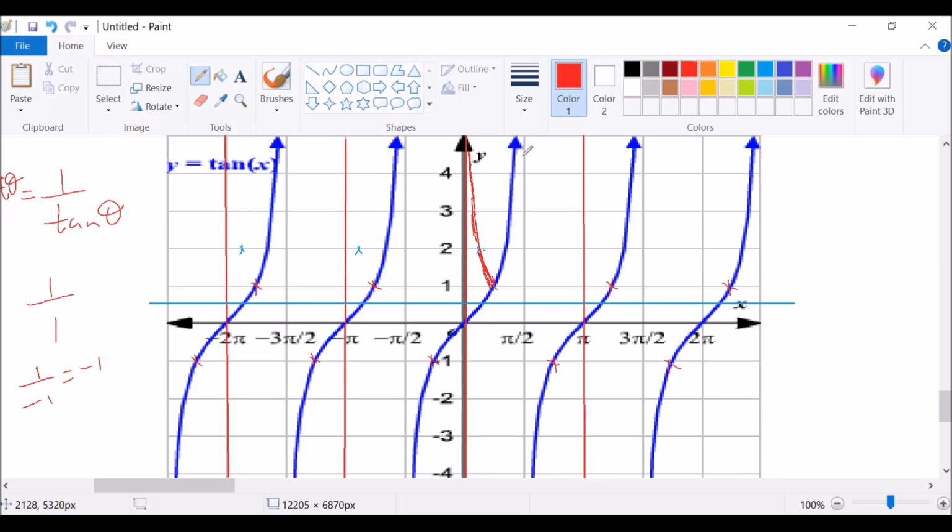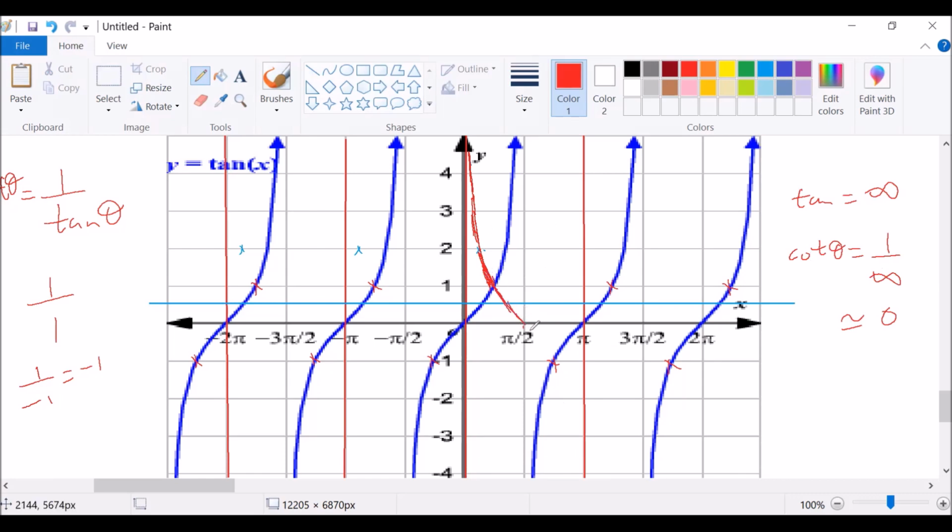And then for these values, at this point, tan is infinite because the tan graph will approach this tan asymptote but never coincide. So cot theta is equal to 1 over infinite, which is approximately equal to 0. So at this point, the graph comes down to 0.